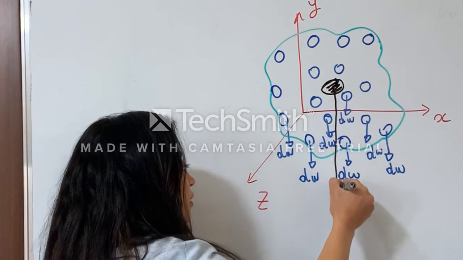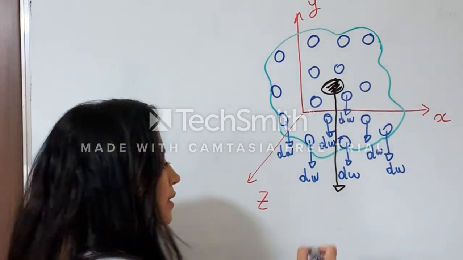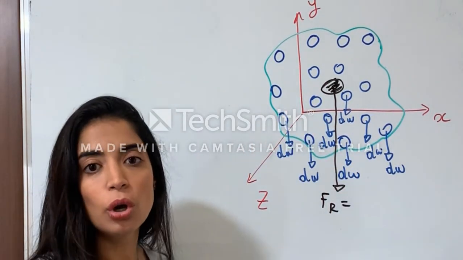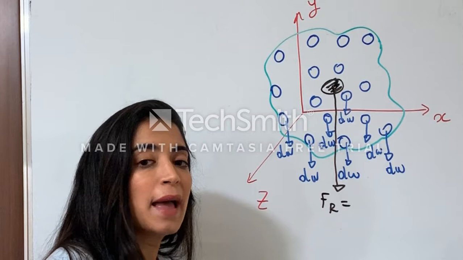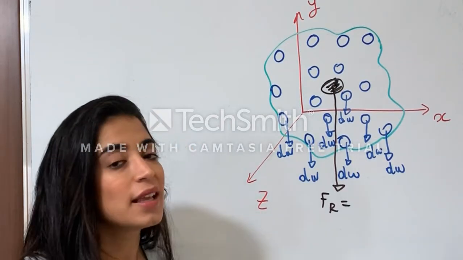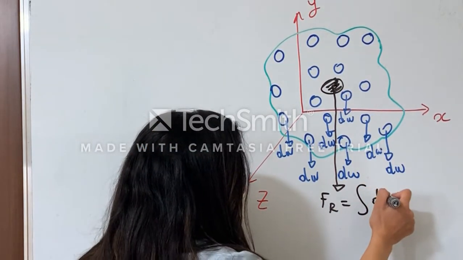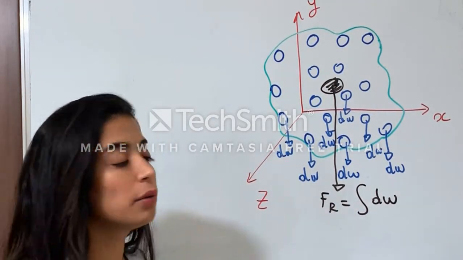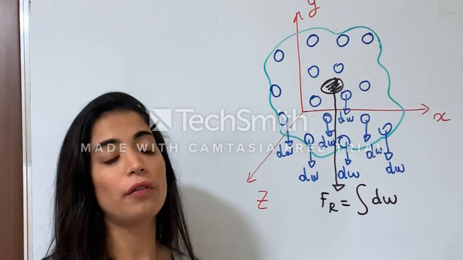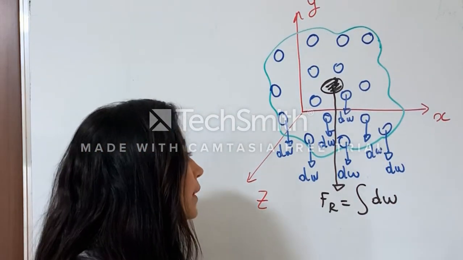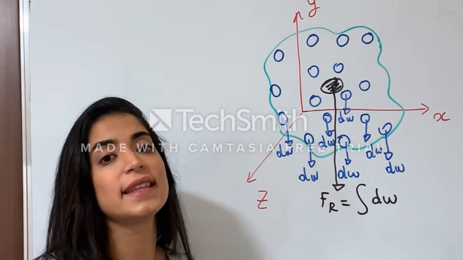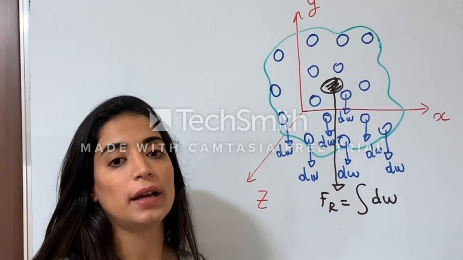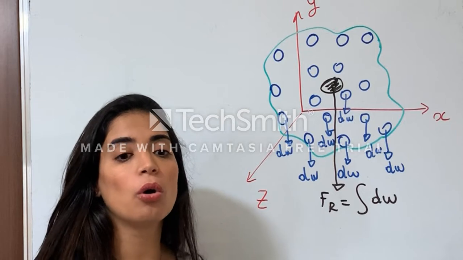And this resultant weight will be, of course, F resultant equal to the sum of all dw. And I know that from math, the sum of dw means the integration of dw. So the resultant weight of the whole rigid body is equal to the integration of dw. And I need to know what is the location of this F resultant, or of the resultant weight, for this whole rigid body.